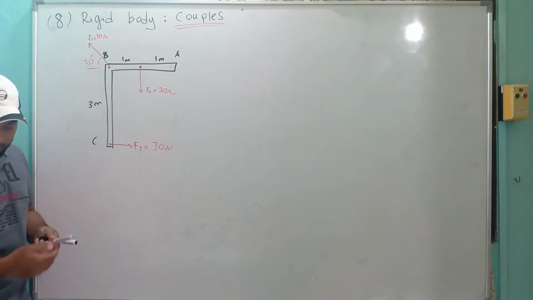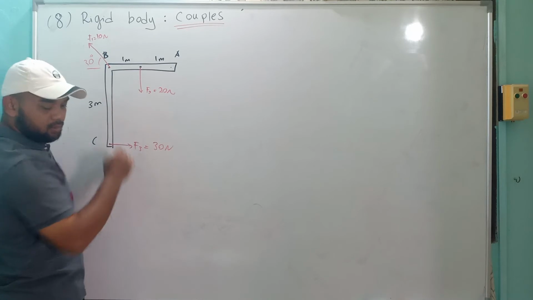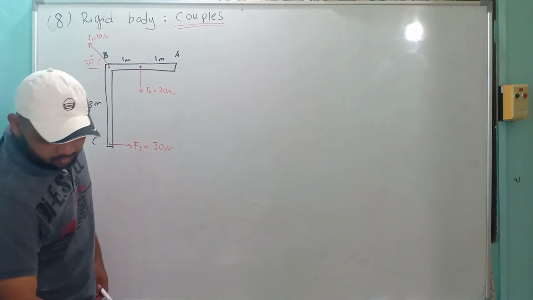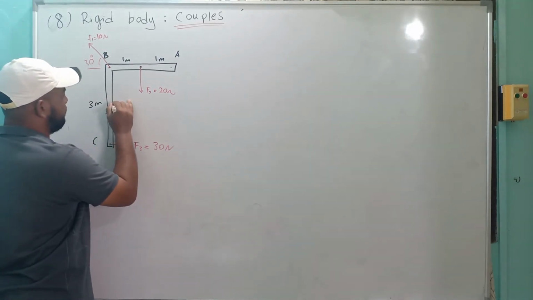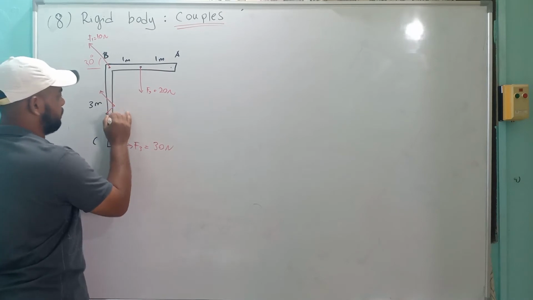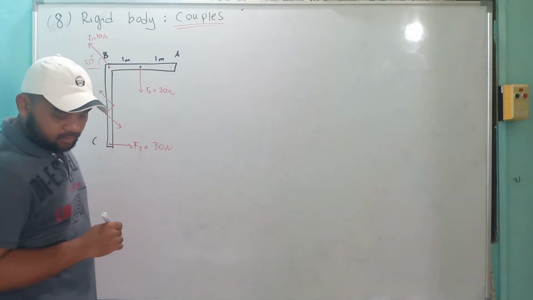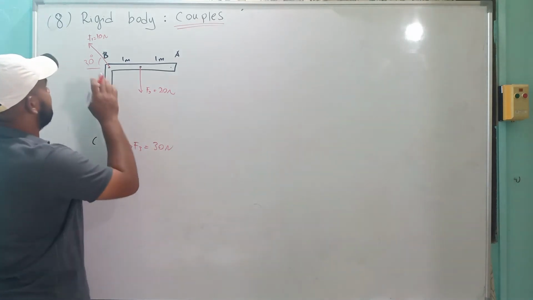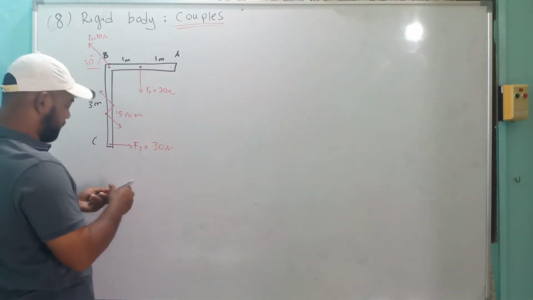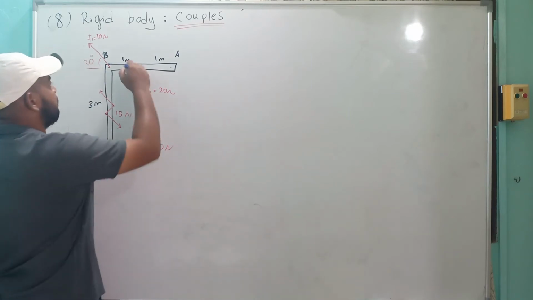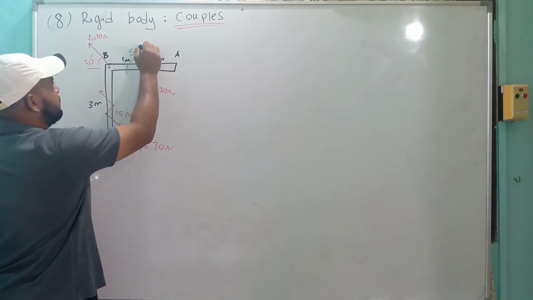Okay, and then you are given one moment created by a couple. Let's say we have 15 Newton meter here, and the last one we have here, 5 Newton meter.